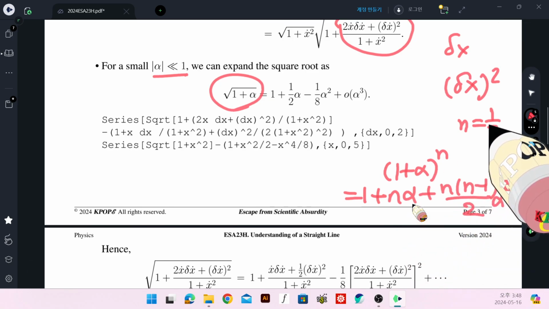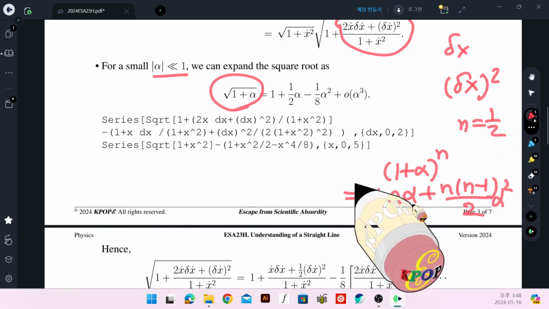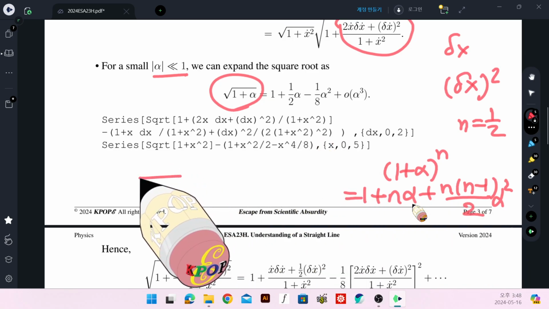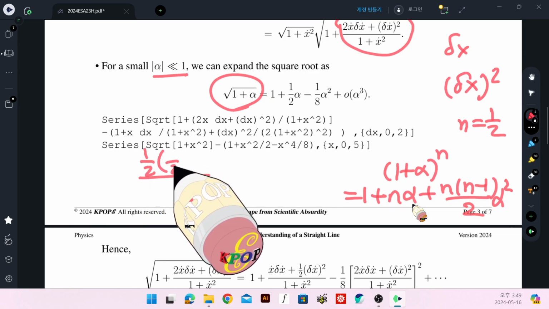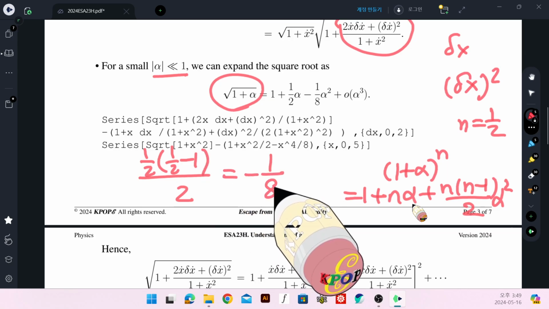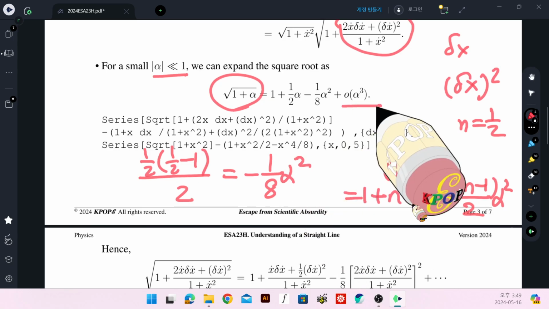So if I substitute 1/2 for this n, it is 1 plus alpha/2, and then minus 1/8 alpha squared and order alpha cubed or higher.